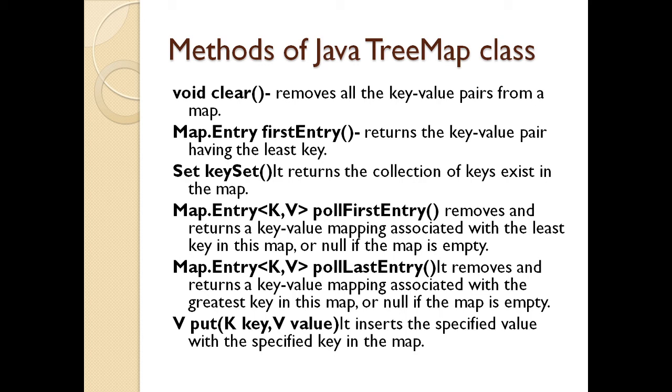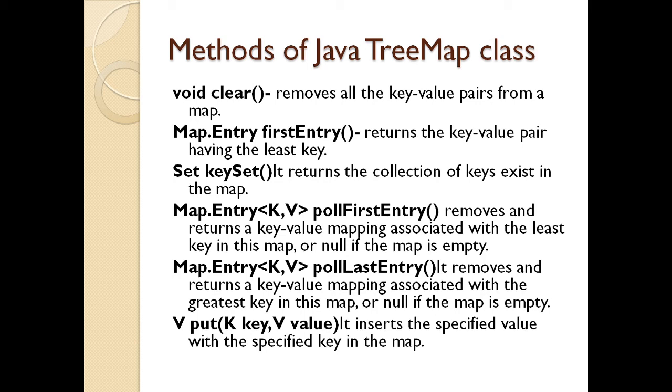Map.Entry<K,V> pollFirstEntry will remove and return a key-value mapping associated with the least key in the map, or null if the map is empty. In a similar manner, we have Map.Entry<K,V> pollLastEntry. It will remove and return a key-value mapping associated with the greatest key in the map, or null if the map is empty. We have put, where we pass key K and value V to insert the specified value with the specified key in the map.